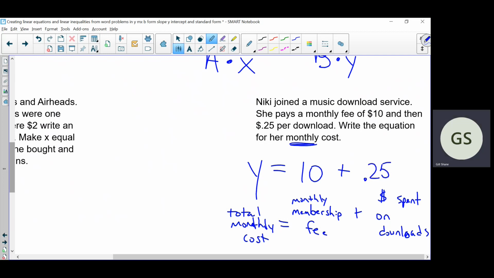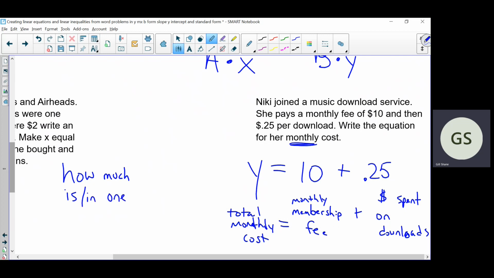So you know the 25 has got to be in there because that's how much a download is. But then you're multiplying times how many. I said this the other day. This is going to be a common theme throughout any creating of equations. How much is one, or how many in one?